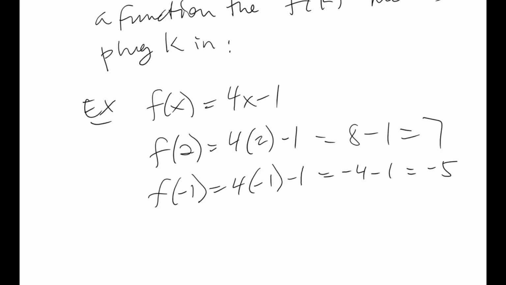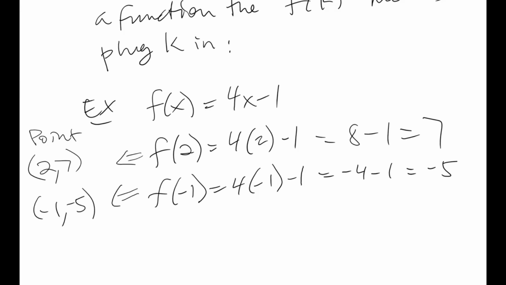All right, so before I go on, the first one implies then that (2, 7) is a point on the graph. This implies then that (negative 1, negative 5) is a point on the graph.